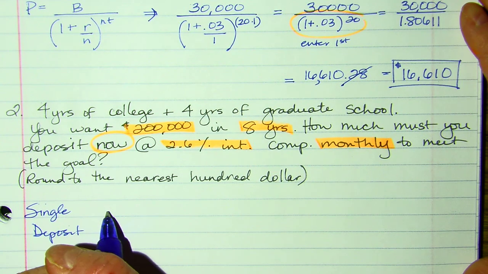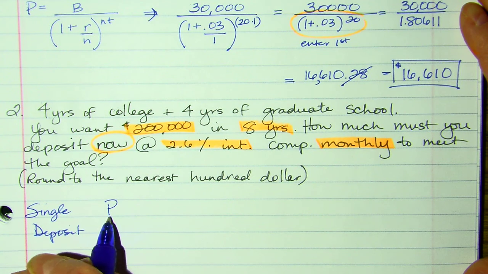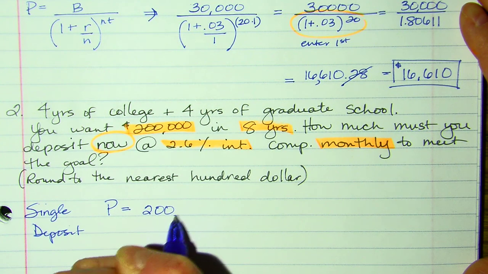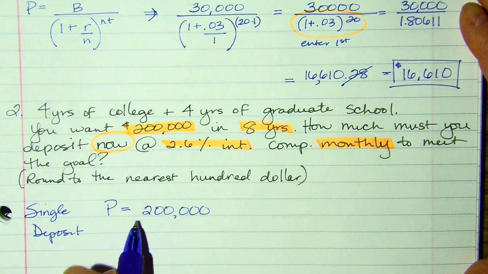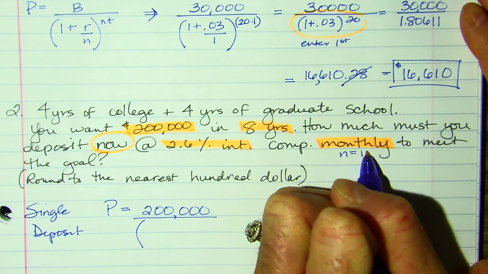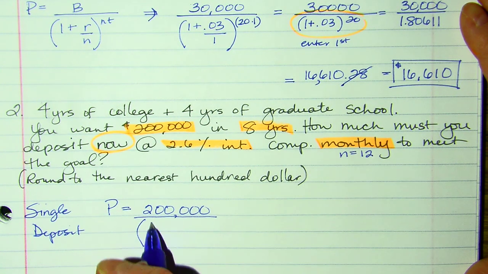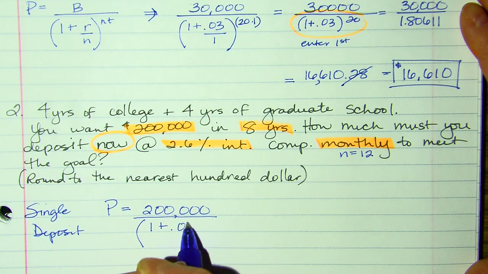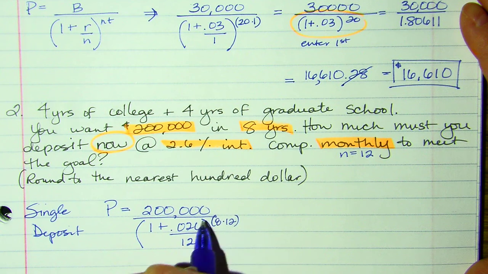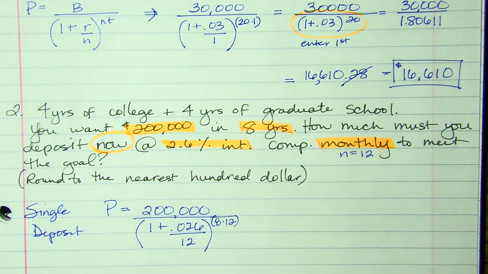What must I deposit now? That's P. I want a total of $200,000 balance in my bank. Monthly, remember, means that n equals 12. So my formula is 1 plus my rate, 0.026, divided by 12. My exponent should be 8 times 12, or you can simply put 96.